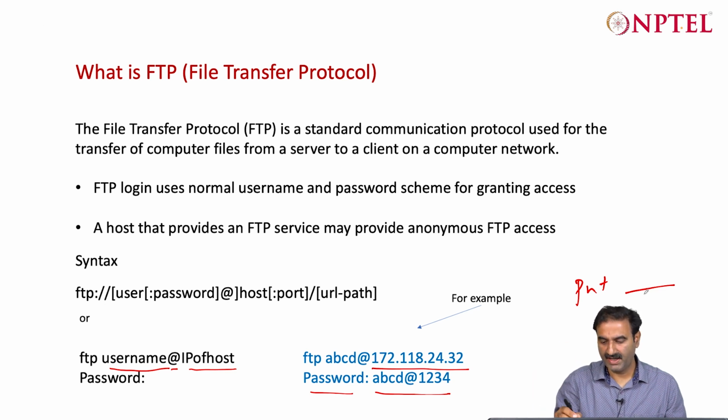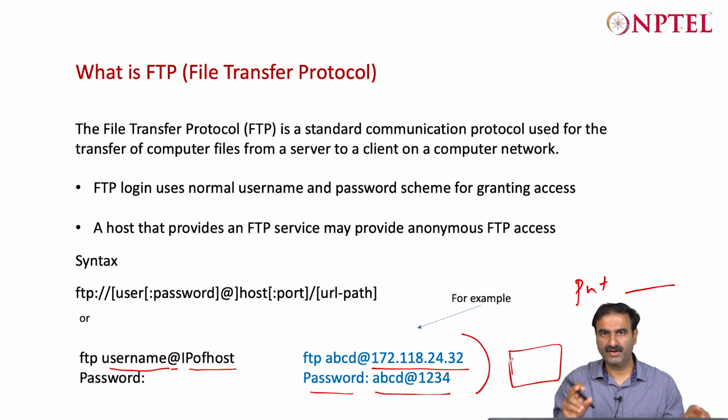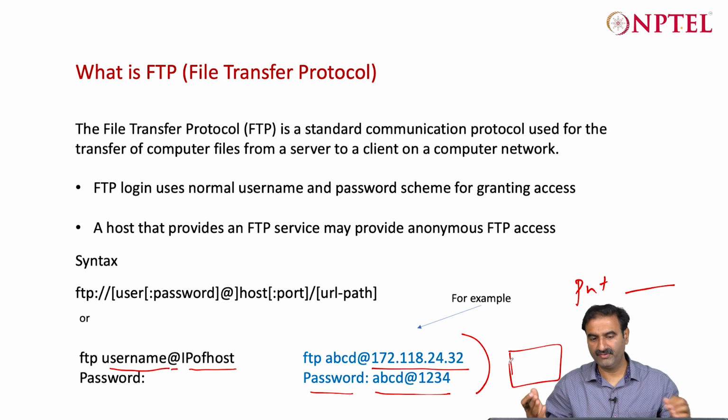And how do you get to FTP? In the terminal of Linux or the command box, you can connect to an external machine and say FTP, name at the IP address. It is just for putting something or retrieving something.